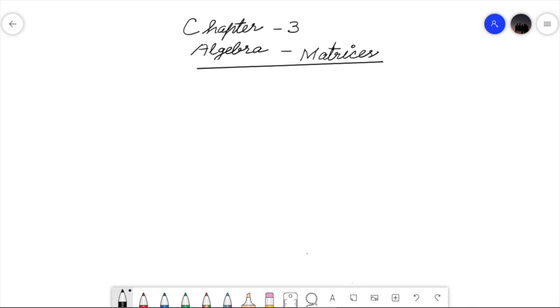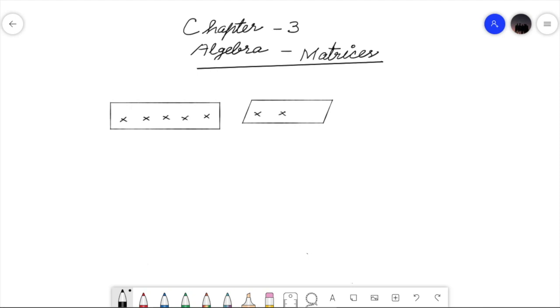First we'll see what is a row. Here in the classroom, how will you be seated, ma? You'll be seated like this, isn't it? Am I right? Like this, you'll be seated.